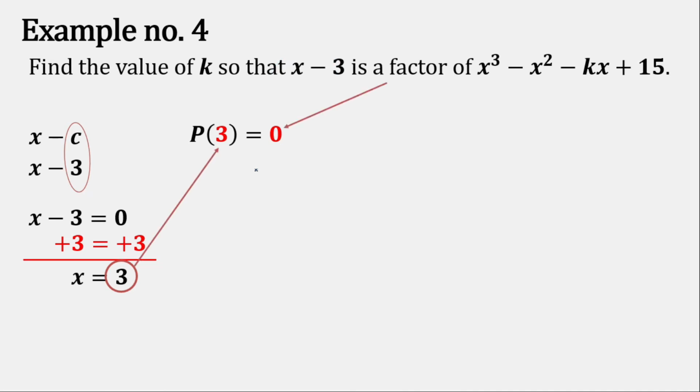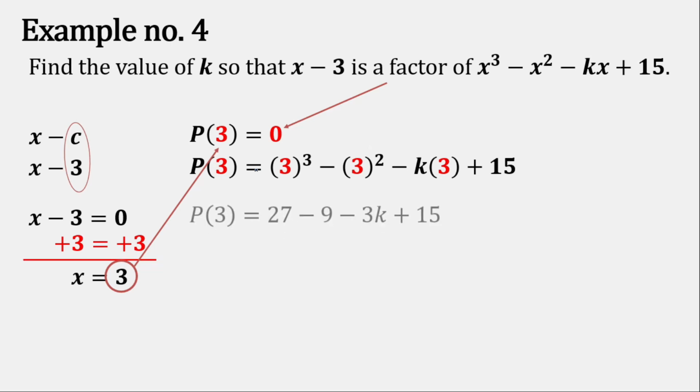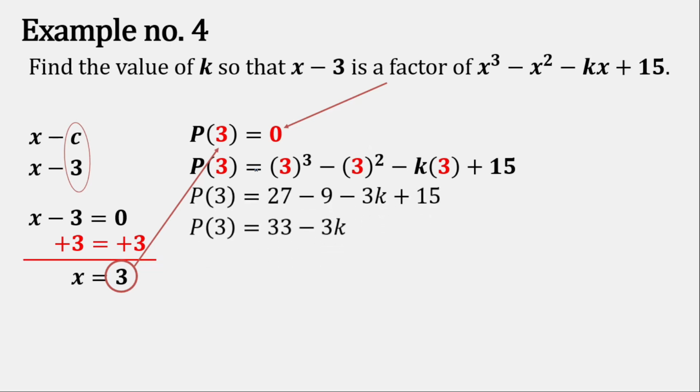Now let's see if that is the case. Let's substitute 3 to all the x's, and we get this as our equation. P of 3 is equal to 33 minus 3k. We cannot simplify it further.